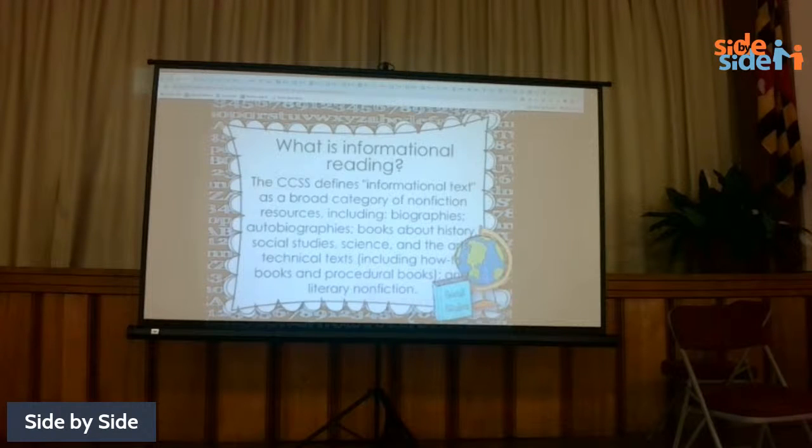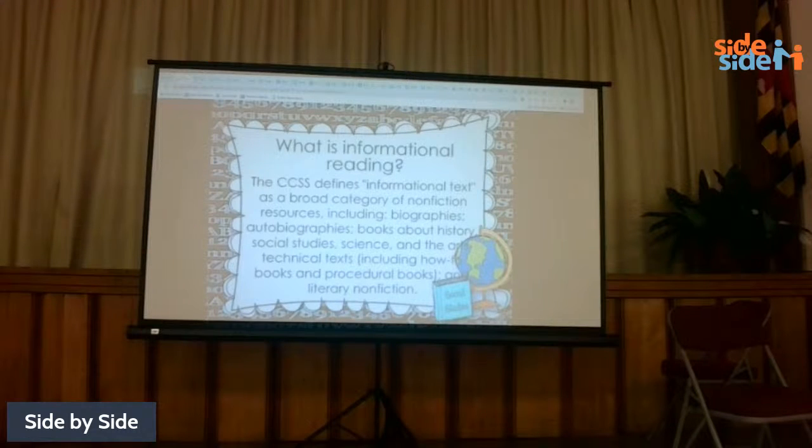So, what is informational reading? Does anyone have an idea before I read this lovely Common Core definition? We'll share their thoughts. A book you read to get information, absolutely. So essentially the Common Core, which are the state standards that the curriculum is based around, defines informational text as a broad category of non-fiction resources.